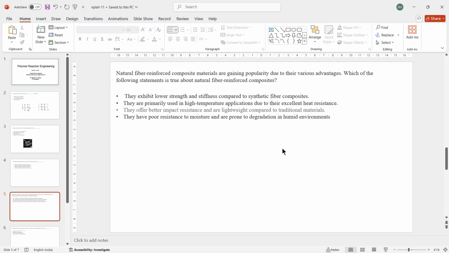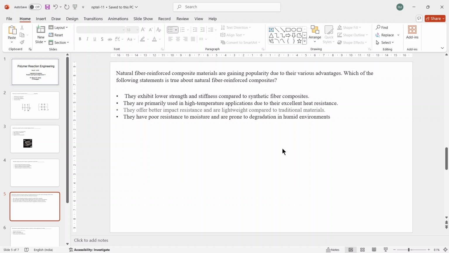Second is they are primarily used in high temperature applications due to their excellent heat resistance. This is false because they won't be able to withstand high temperature applications, because synthetics perform much better in that area. And third, we have they offer better impact resistance and are lightweight compared to traditional materials.